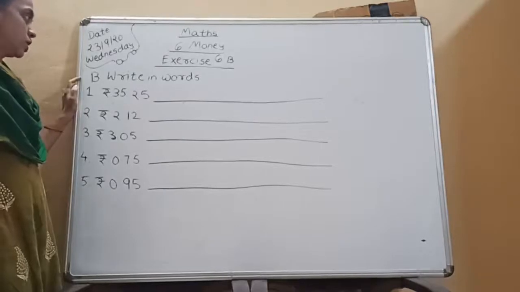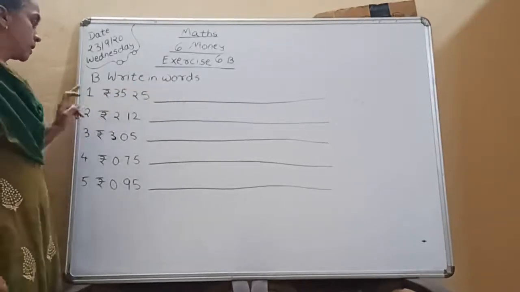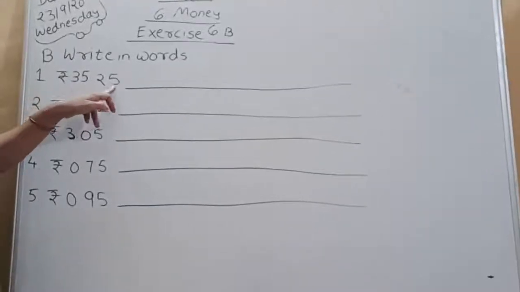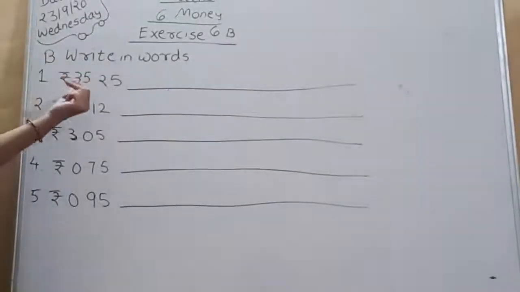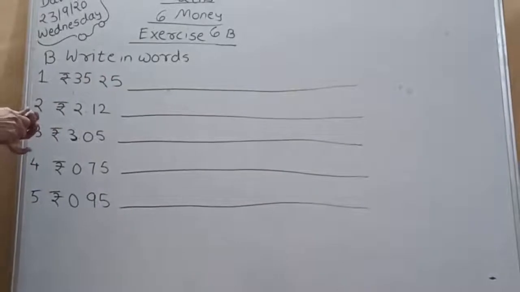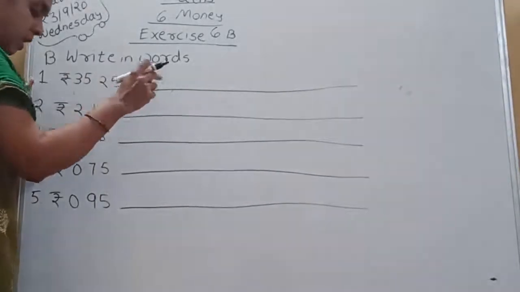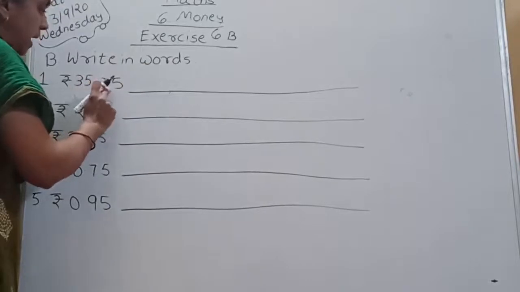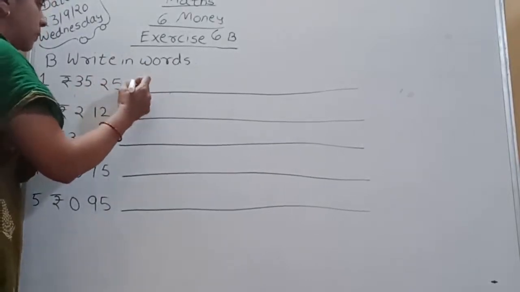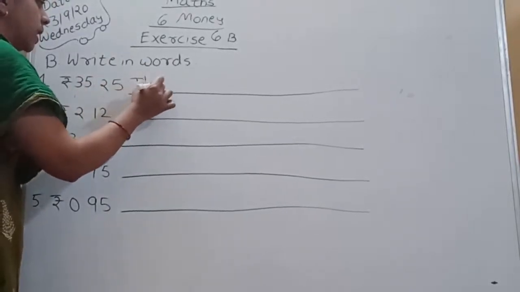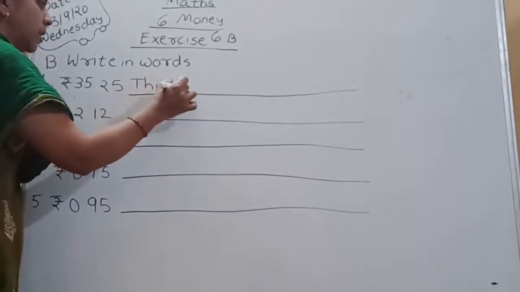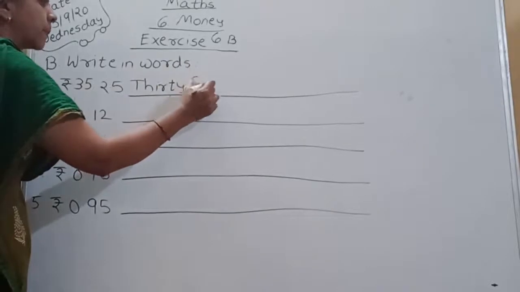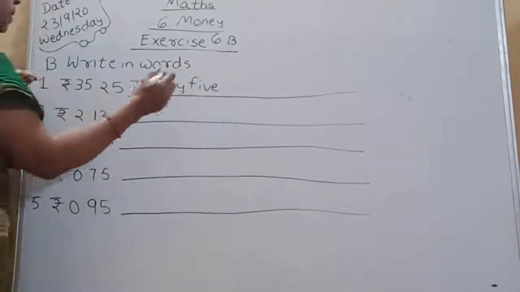See B question. Write in words. So the first example is rupees 35.25 paise. We have to write just in words. So first we write rupees 35, and 25 paise. You just write down the spelling of this 35. What is this? Rupees.